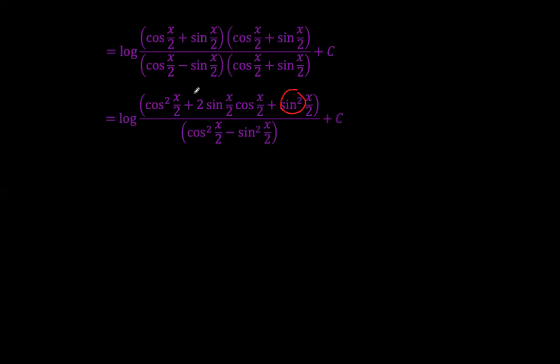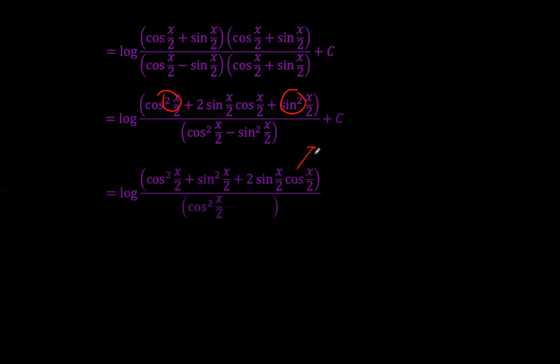Then bunching this and this becomes 1, obviously. Just bunch them together, the famous identity. And then 2 sine x over 2 cosine x over 2 is the same as sine x, right? And this here is the same as cosine x, right?